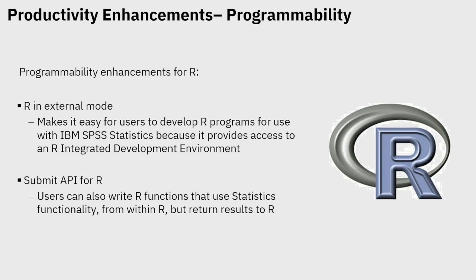So in 23, we released the capability to leverage R within SPSS Statistics as well. Since that, and we'll get to that in future slides, we also released Python into SPSS. So using these open source tools within the framework of something like SPSS really accelerates what you could be doing with your data.